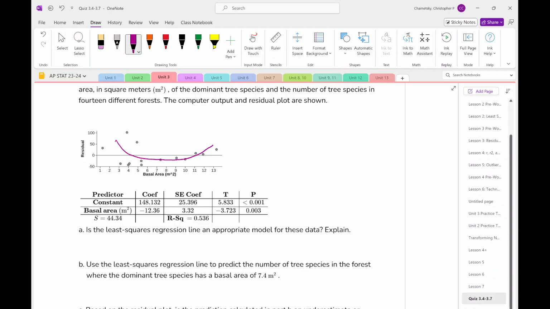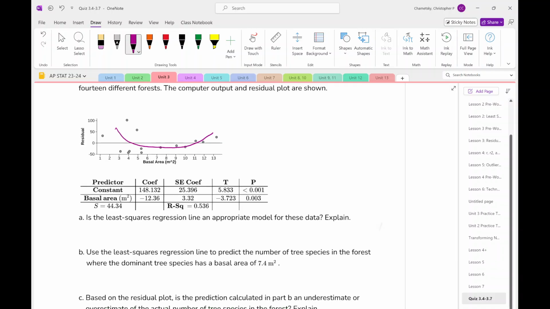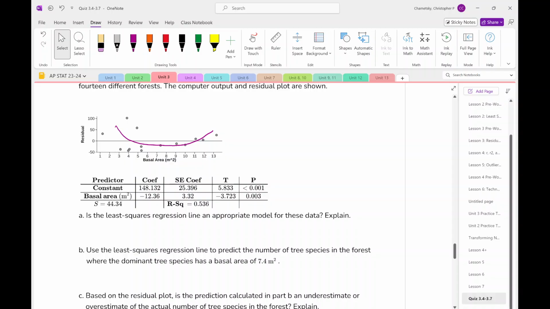Okay, it's a pretty clear curved pattern. We're starting above, going below, and then coming back above our zero line here in our residuals. Okay, so no for A. The residual plot shows a curved pattern.